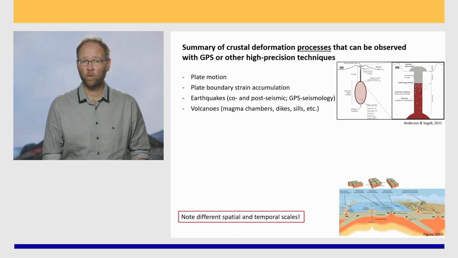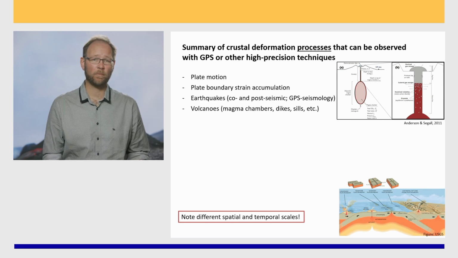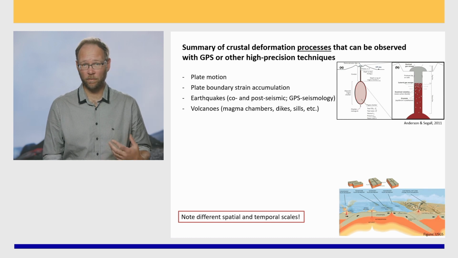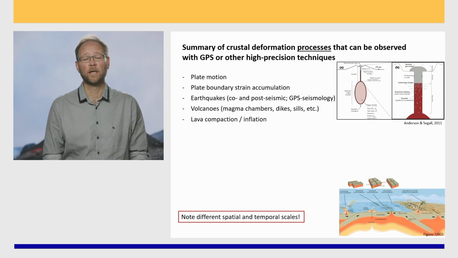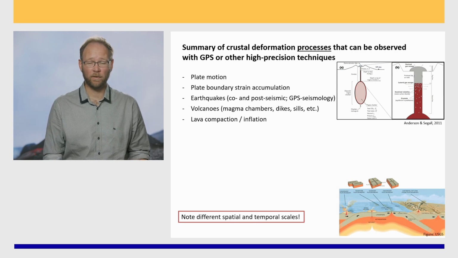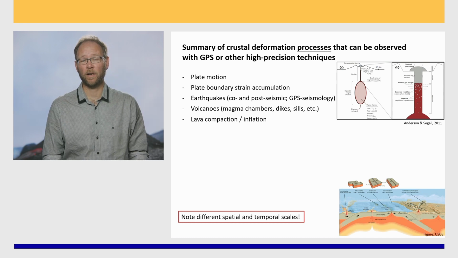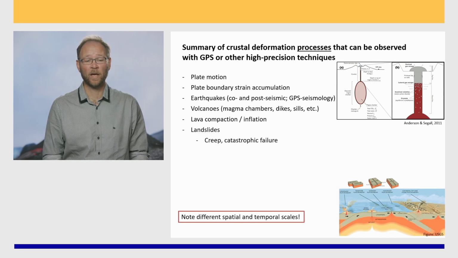We may be looking at volcanoes, how magma is moving, whether it's accumulating or if it is leaving magma chambers, forming dikes and sills, or some time-dependent conduit or magma chamber processes. We may be looking at the end products of eruption, so lava compaction or maybe even inflation of these lavas while they are growing.